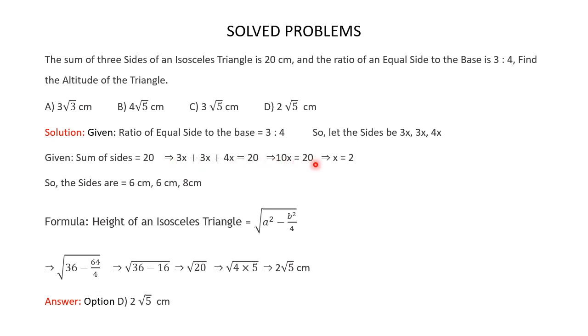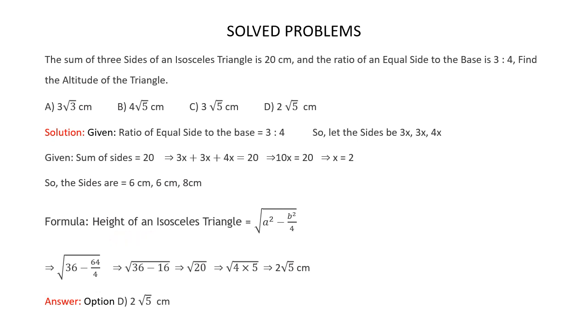On solving this, we get x is equal to 2. So the sides are 3x, 3x and 4x, and we know the value of x as 2. So the sides of the isosceles triangle would be 6 centimeters, 6 centimeters and 8 centimeters.